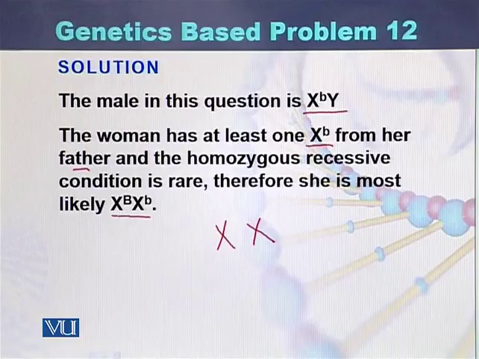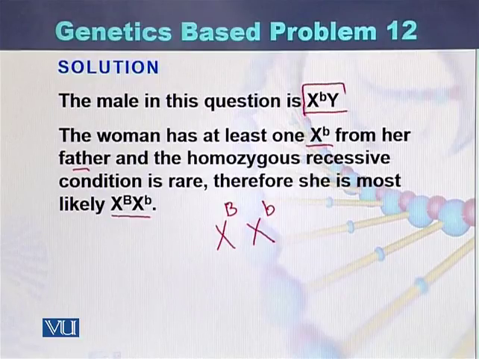Because she is normal, she has one dominant allele and one recessive allele. So the female is heterozygous. The male has just one X chromosome with the recessive allele, so the male has baldness.